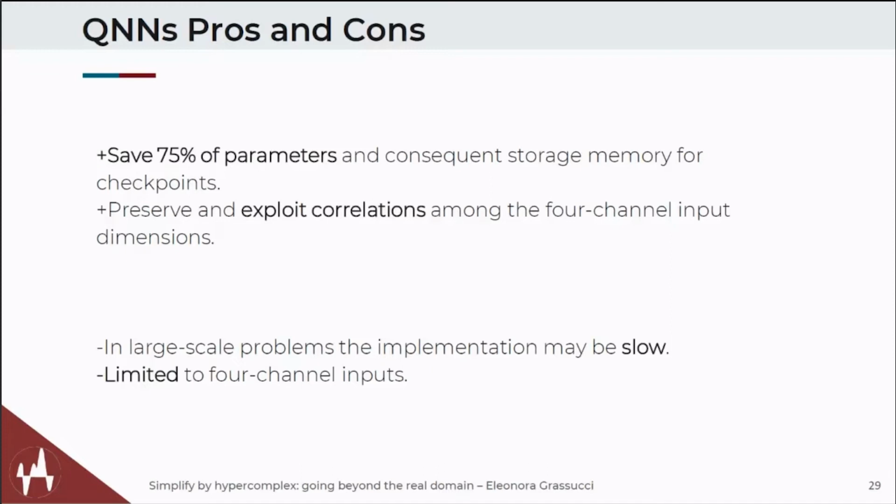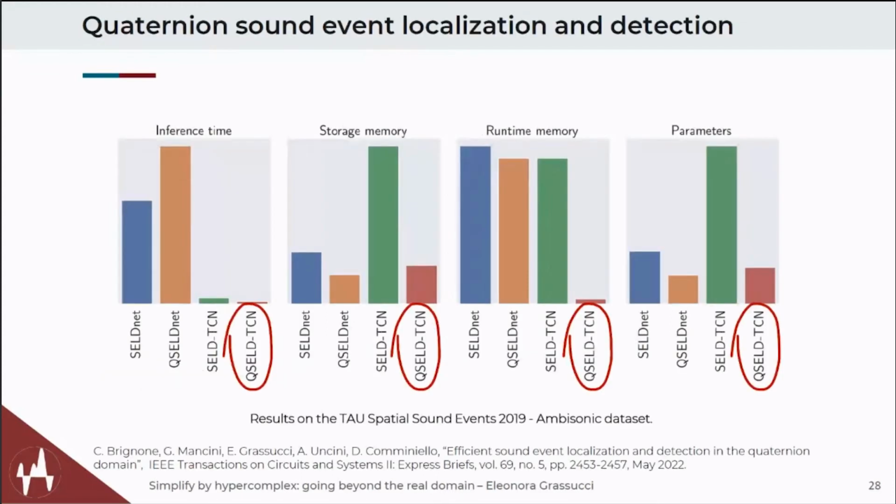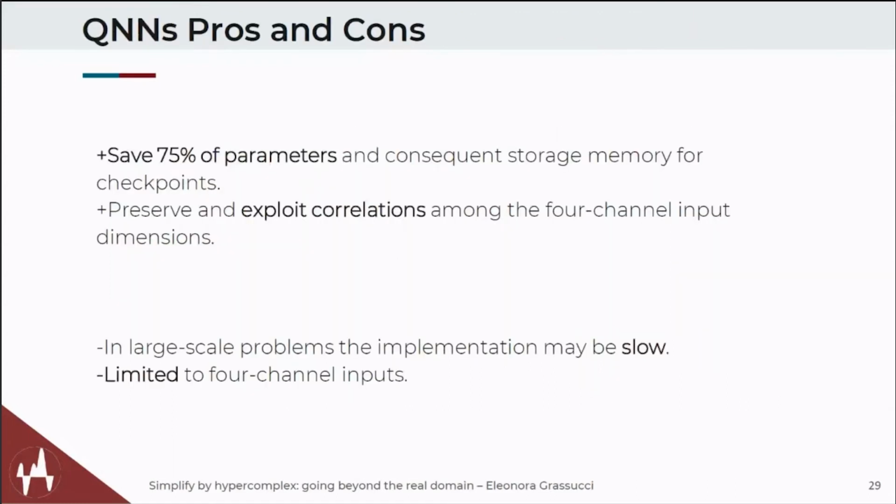We've seen that in some cases the network was faster with respect to other baselines, but sometimes when we scale up the problems, the implementation may be quite slow.